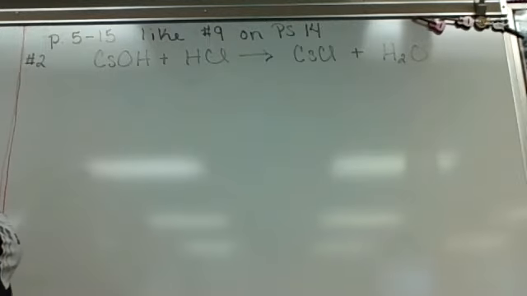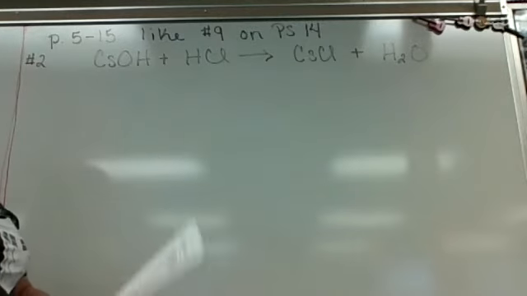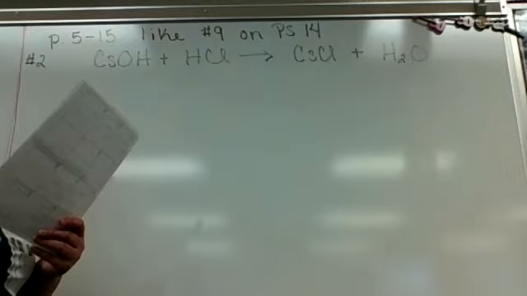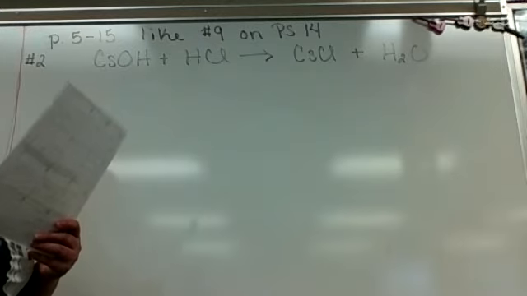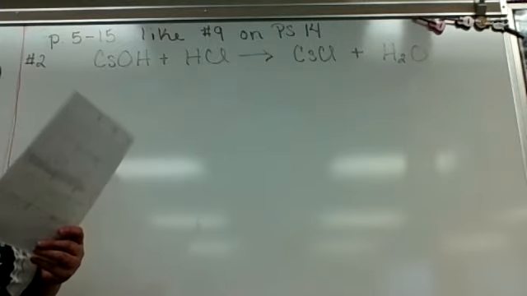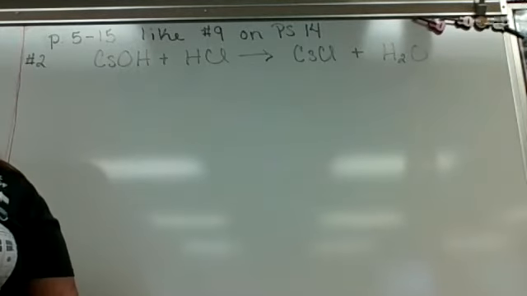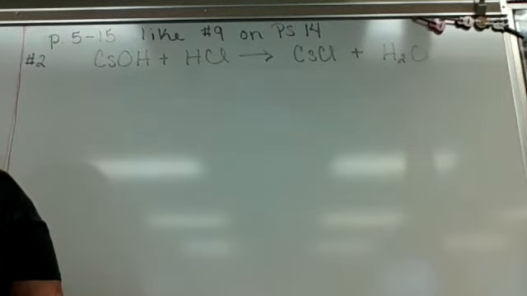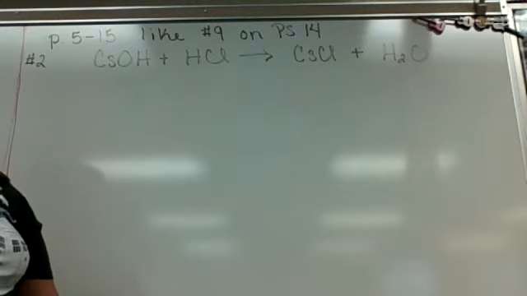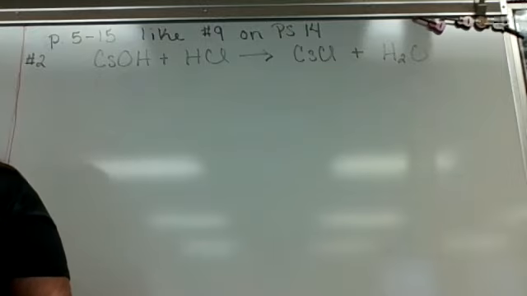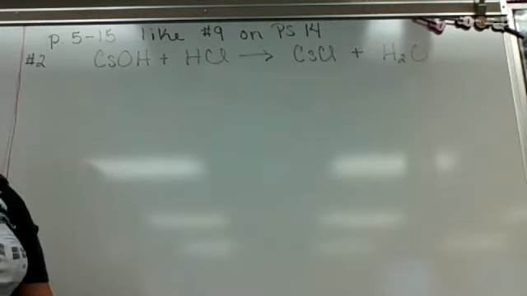What happens in an acid-base reaction if you have a relatively large quantity or a high molarity is that you get a noticeable temperature difference. That will allow us to calculate a delta H of the reaction.